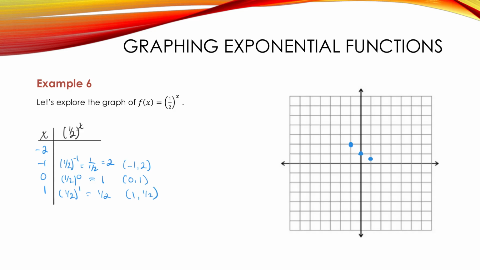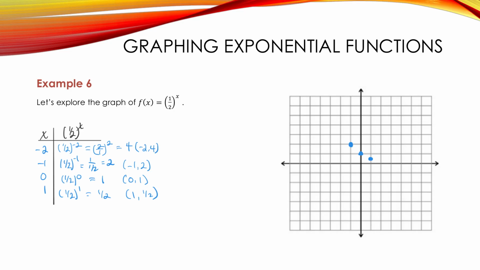And then I said I want to plug in another point like -2. And that's because I would like to have another point that shows how high it is up on the left side of our graph as we go closer to negative infinity. So if I plug in -2, I get 1/2 to the -2, which is the same as the reciprocal, which is 2 over 1 raised to the now positive 2, which is just 4 over 1, or 4.